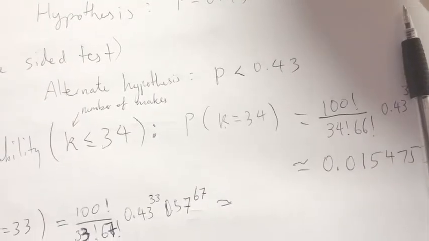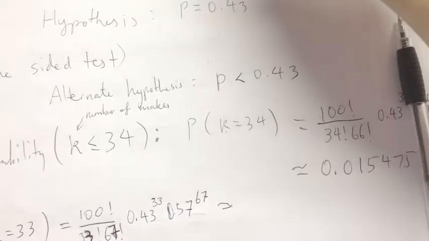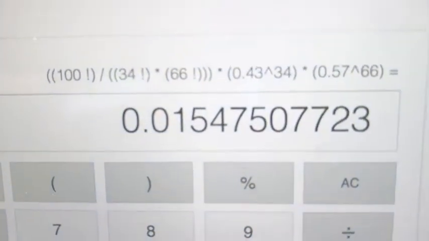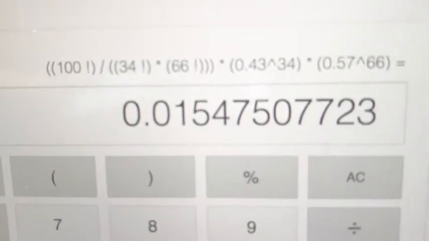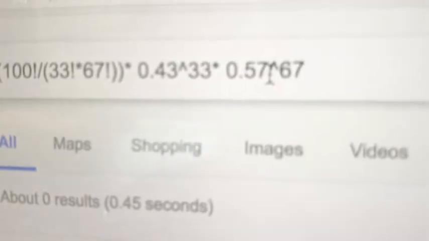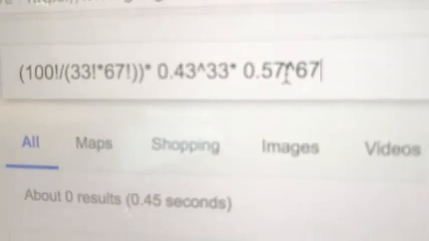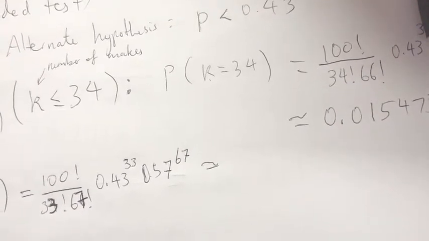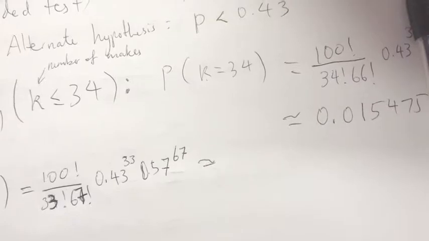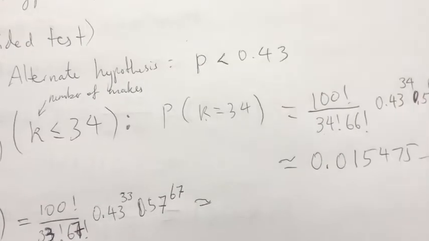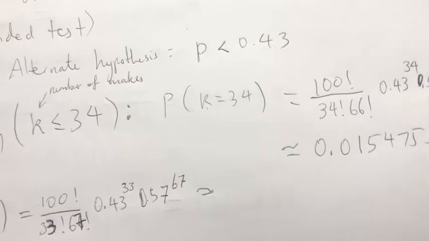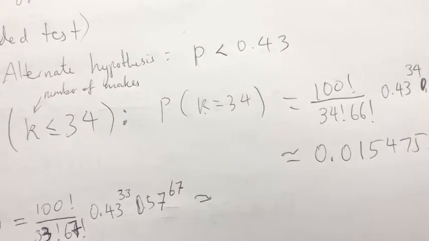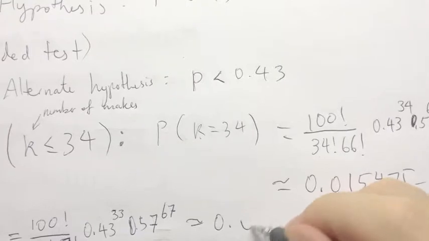If you want to type this calculation onto Google or something, it would look something like this. Okay, I'm typing a new one here. Okay, this one goes down to like 1%.